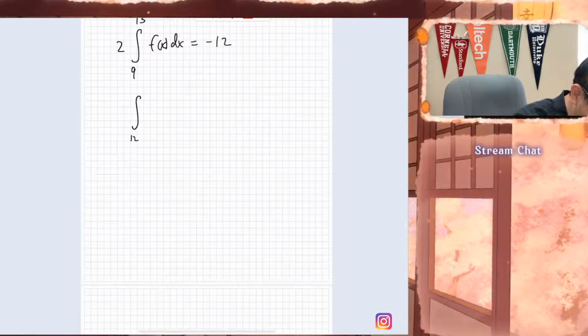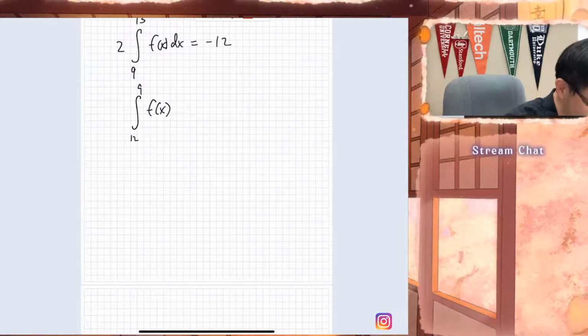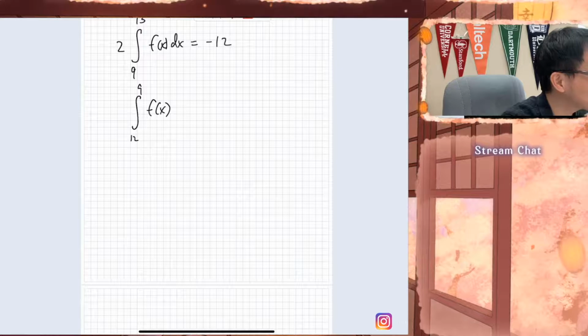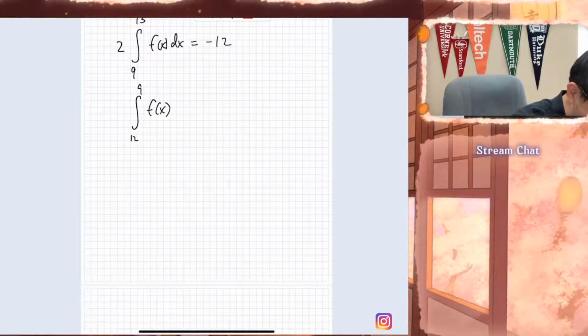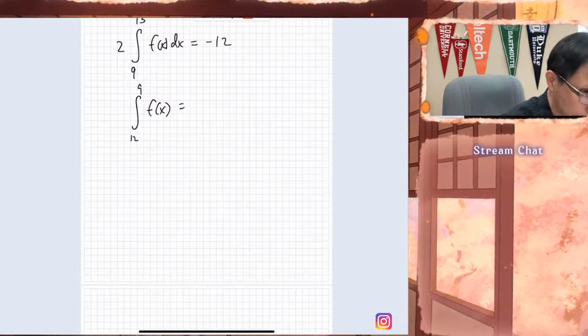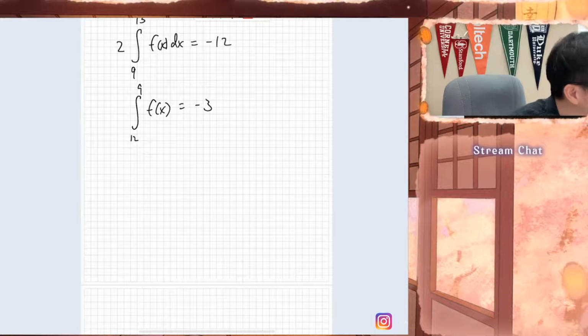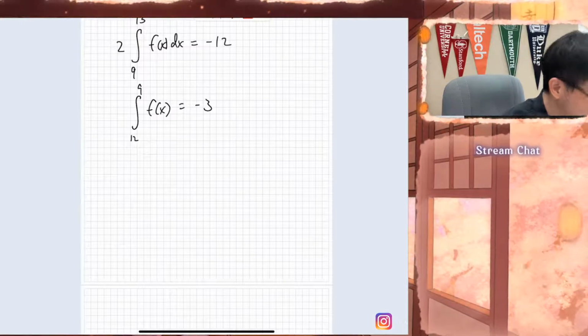Okay, so what if I have, let's say, the integral from 12 to 9 of f of x, and watch the boundary, it was 12 to 9. I told you I don't prefer that way, but it's there, it's fine. It's equal to, let's say, negative 3, is that okay?